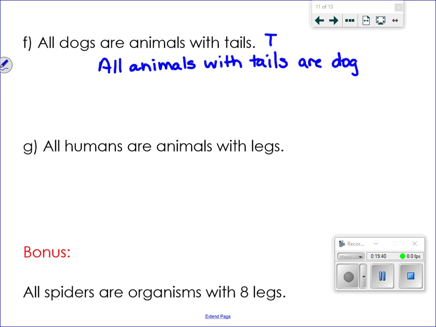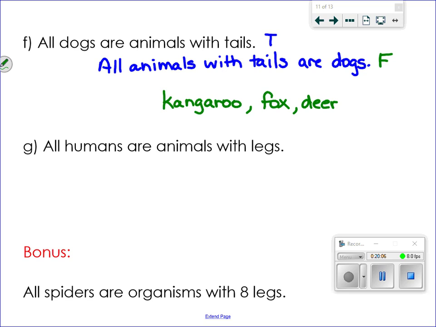Is that a true statement? Can you think of a counterexample? An animal with a tail that's not a dog? Well, how about a kangaroo? A fox? A deer? Any example you can think of that disproves that statement. And those are just a few.